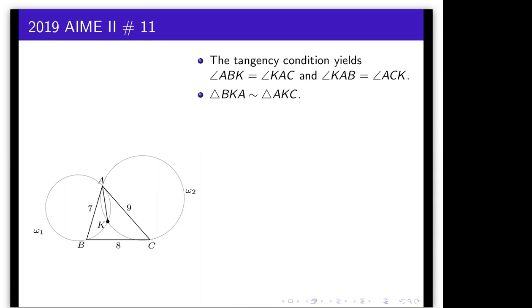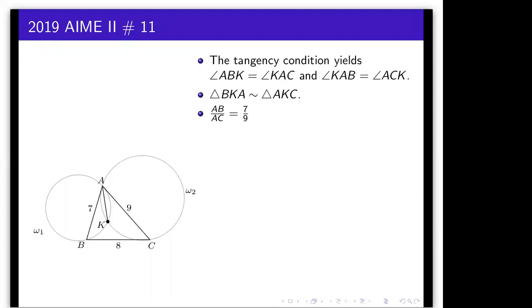From this, if we let AK be equal to X, then we can find some of the other lengths in terms of X. Because of the similar triangles, we can first find the ratio between the two triangles.